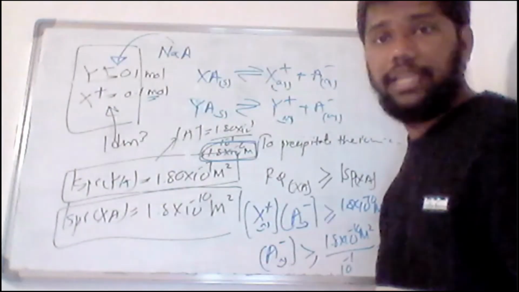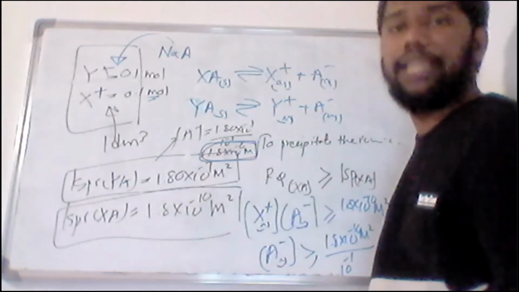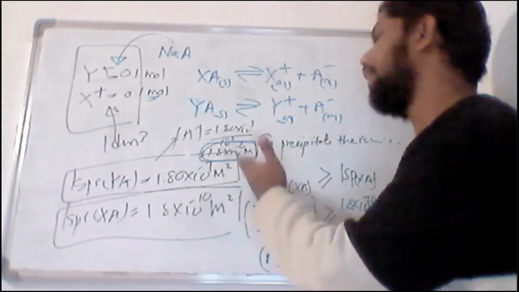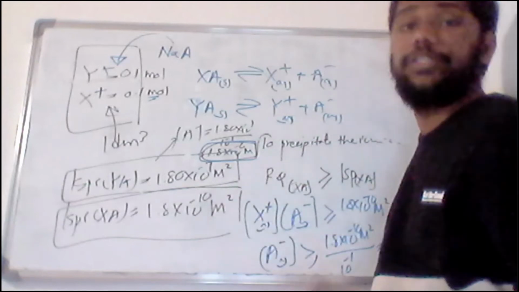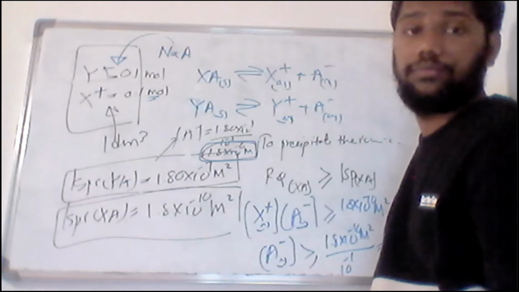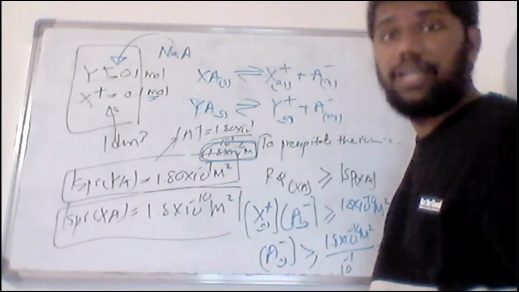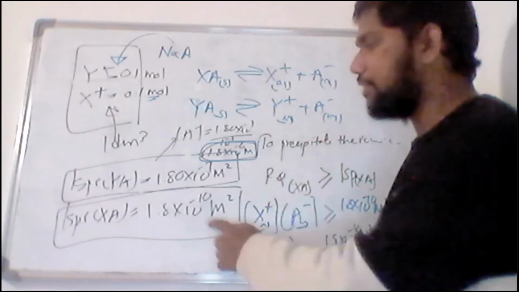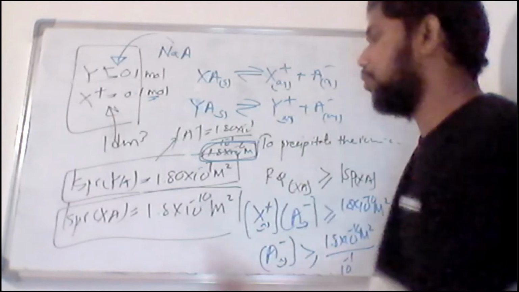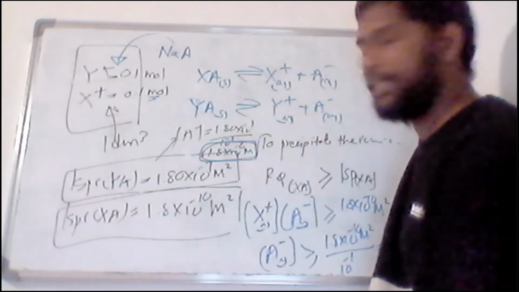For example, since the KSP of XA is smaller than the KSP of YA, XA gets precipitated first. You understand? Because when the KSP is smaller, you need a very small A minus concentration to pass this KSP value. So XA will precipitate first. You can directly tell that.